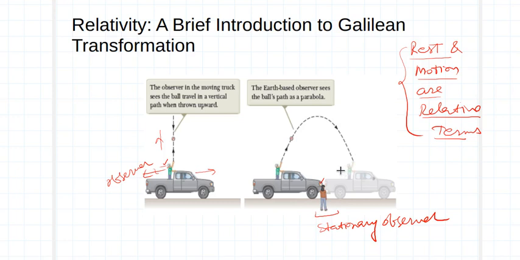So this sentence will become very much clear, that rest and motion are relative terms, because horizontally it is not traveling any distance, but here it seems that it is traveling some distance horizontally.